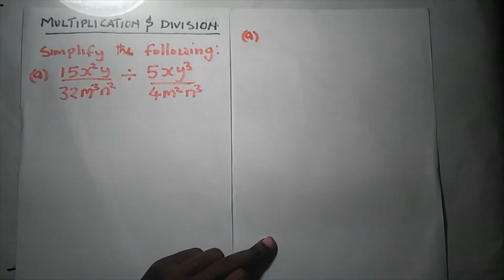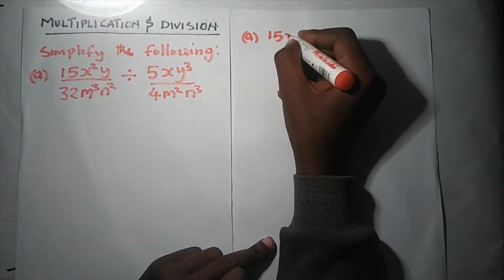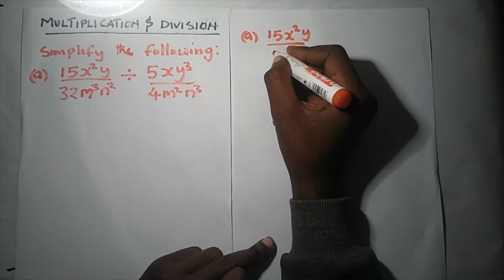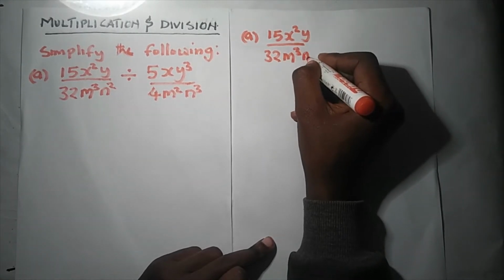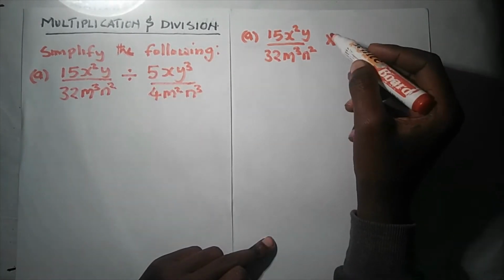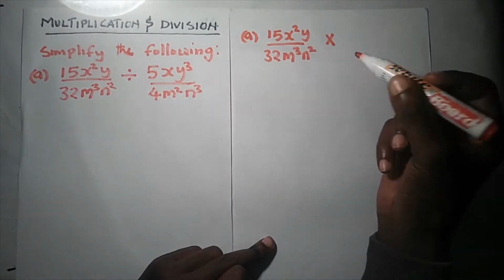Okay, so the first thing that we do is actually what we do when we are dealing with common fractions. When you are dividing common fractions, the first thing that you do is change the sign of division to multiplication. So we are going to have 15x squared y over 32m cubed n squared times, so we change the division sign to multiplication, and then we interchange these two, 5xy cubed and 4m squared n cubed.